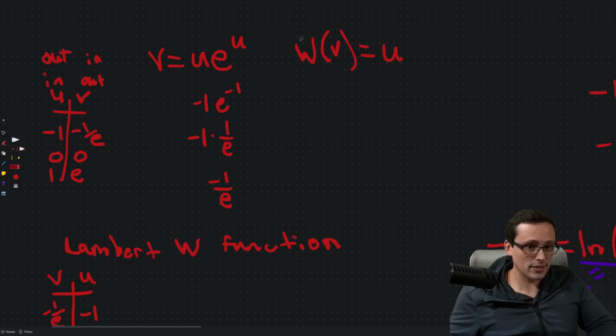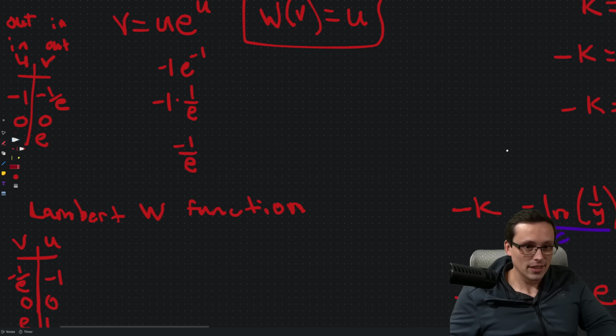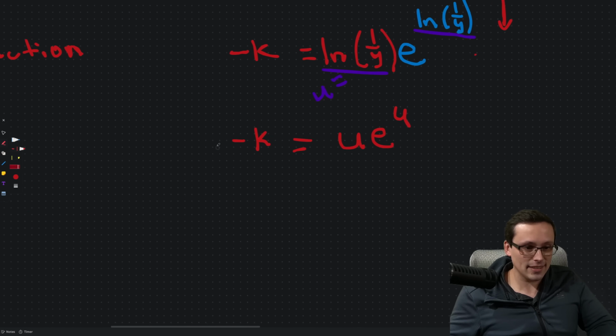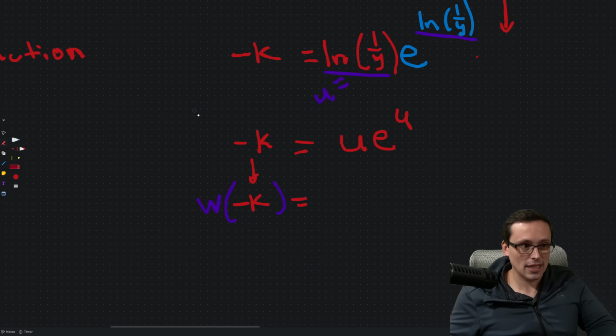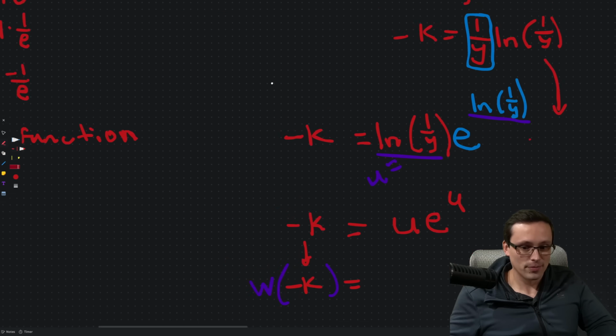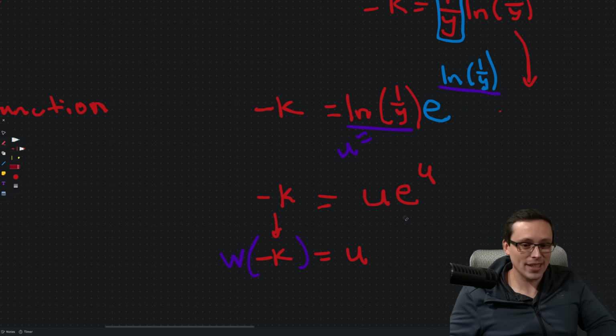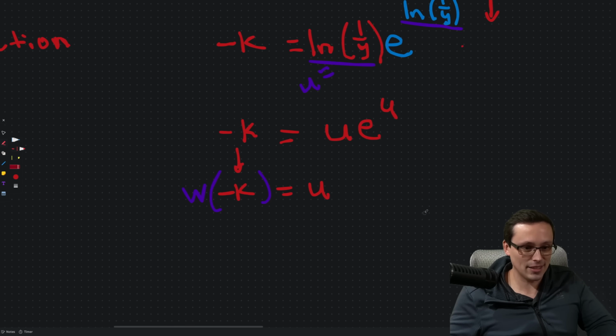That's the important thing to understand, because what this now lets me do is I can write this as saying, okay, that means that if I take W as my function here, and I input this, I'm going to do this on both sides. Remember, negative k is equal to this, so I'm just inputting that. This goes ahead and just outputs u. That's what it outputs. So I now have u by itself.